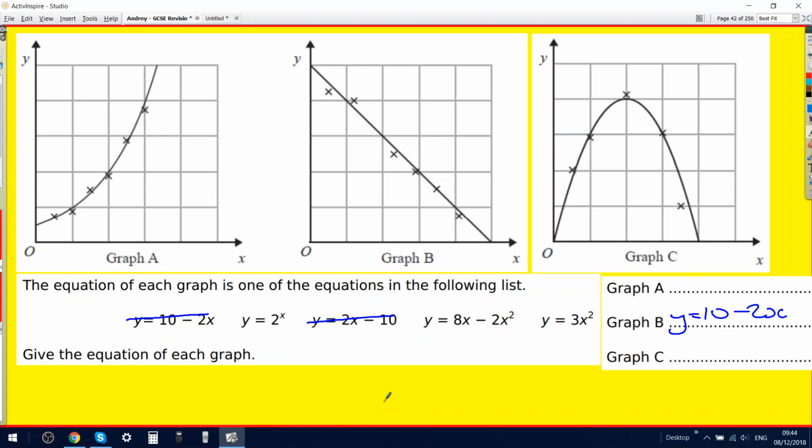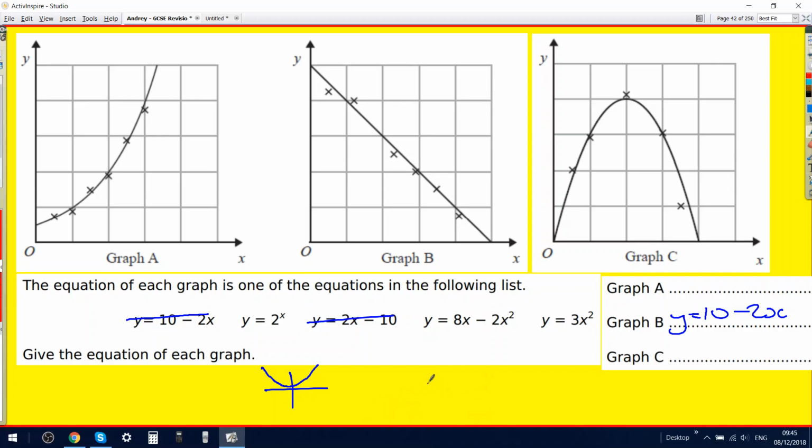Is that like 3x squared? How do you know when you get a U shape and when you get an N shape? Is it if there's a squared bit? That will give you the curve, but how do you know if it will be a U or an N? Is it whether it's positive or negative?